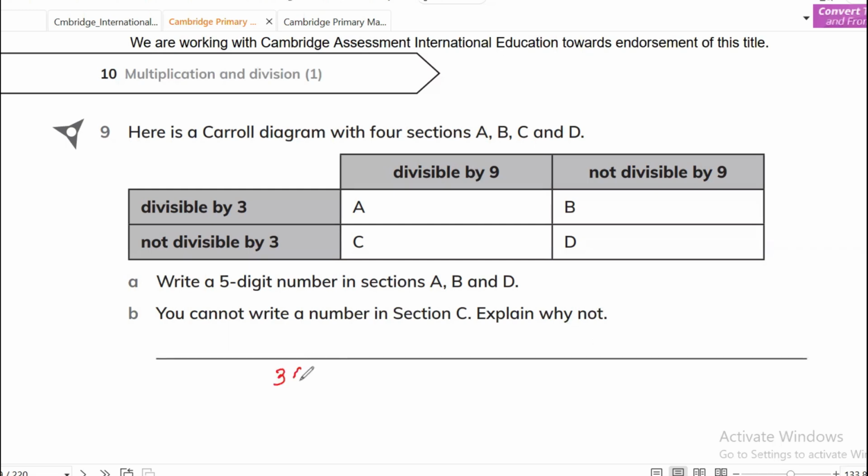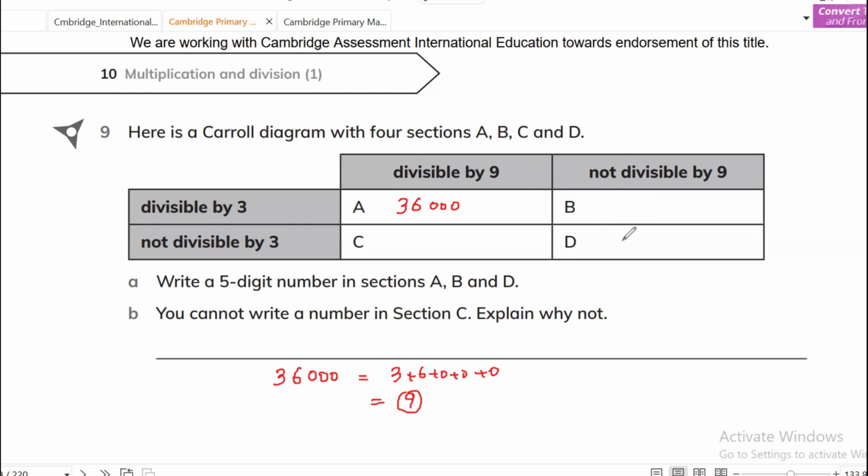Say 3, 6, and then you can put 0, 0, 0, as we are looking for a 5-digit number, yes? So this is unit, 10, 100, 1,000, 10,000: 36,000. It's a 5-digit number. If you add 3 plus 6 plus 0 plus 0 plus 0, it gives me 9, and 9 is divisible by 9 and divisible by 3 also. So it means we can write 36,000 here, which is divisible by 3 but not divisible by 9.